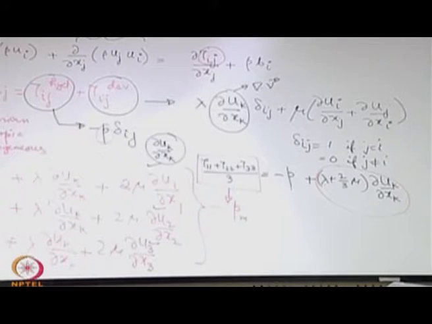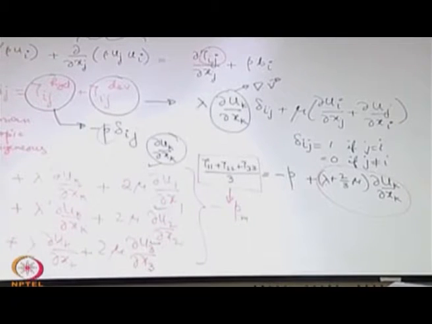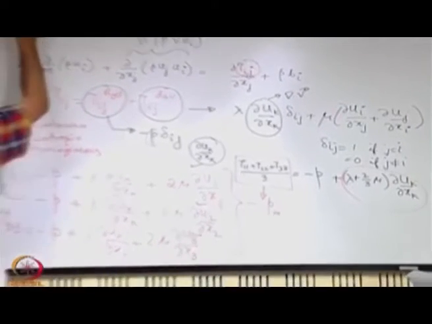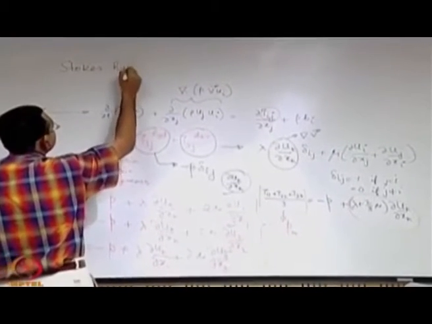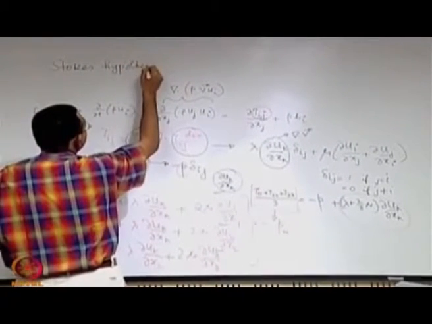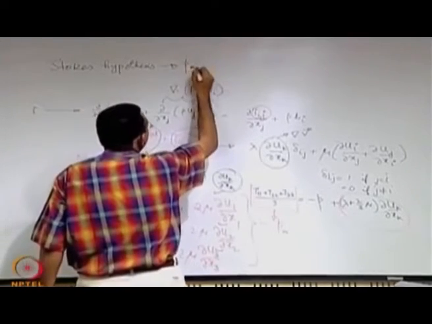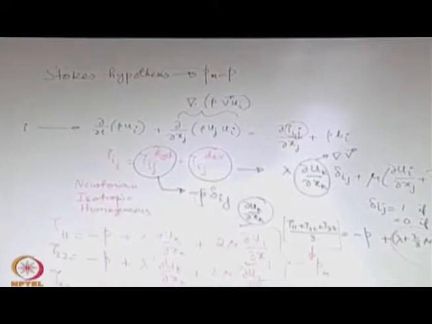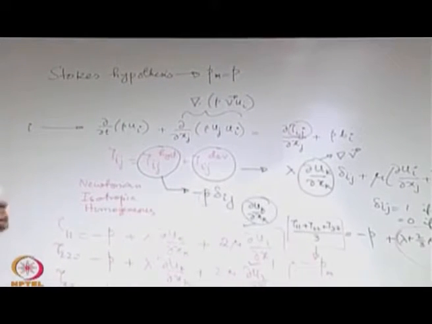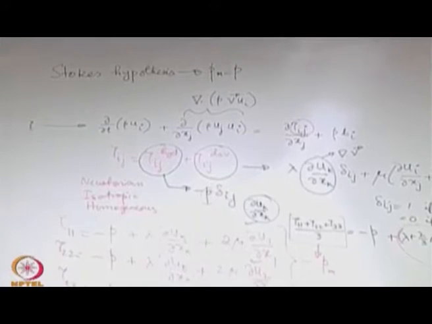But to simplify things, Stokes came up with a hypothesis which is known as Stokes hypothesis. Stokes hypothesis was that mechanical pressure equals thermodynamic pressure. We will see under what conditions this hypothesis works and under what conditions it may not work.